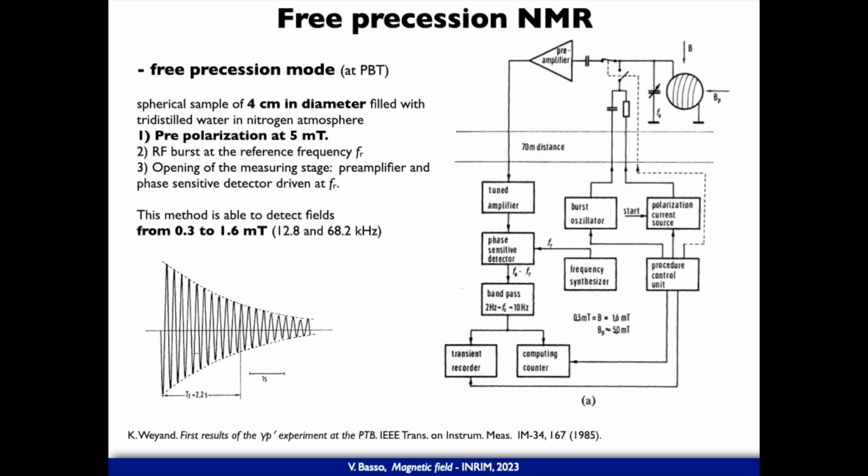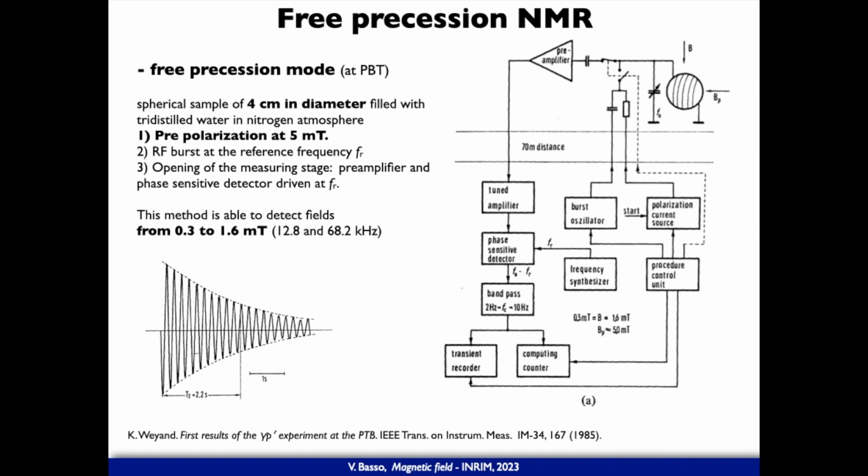Also this we have already seen. This is essentially the system which was developed at PTB to measure very low fields. In that case, the point is to use the so-called free precession.